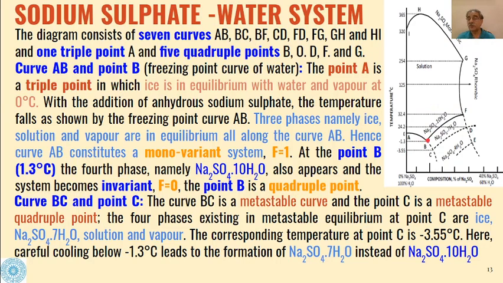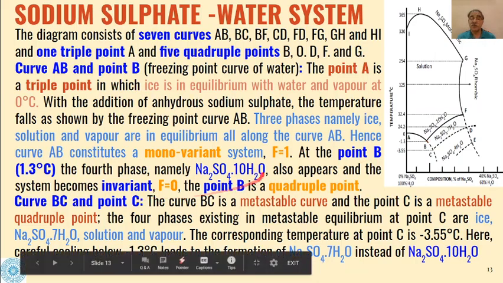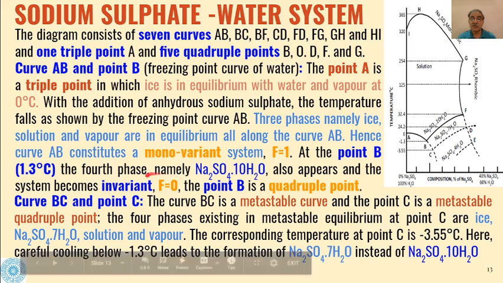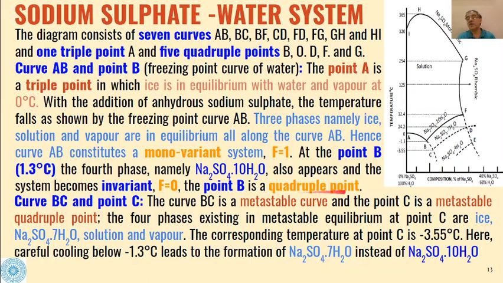And if a fourth phase comes at point B, the degree of freedom will become 0 from 1, because the number of phases has increased from 3 to 4. The system will become invariant at point B. So that is why B is a quadruple point.